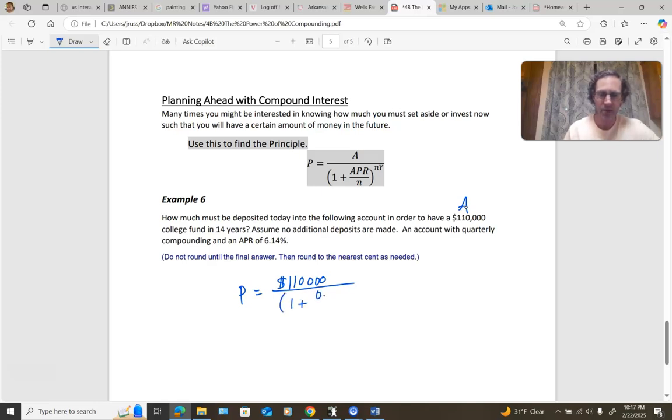Now as a decimal, it'll be 0.0614 divided by 4, because quarterly compounding means 4 times a year. I'm going to raise this to the power of 4 times 14 for 14 years. And you want to make sure that all this stuff stays in the denominator when you're doing this.